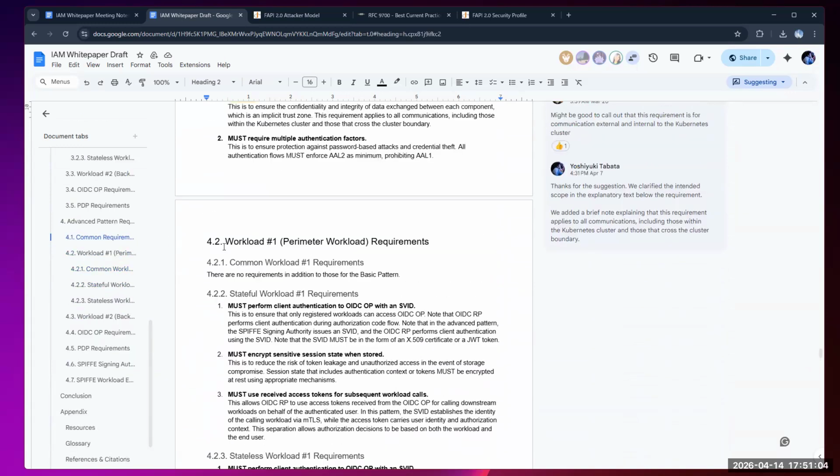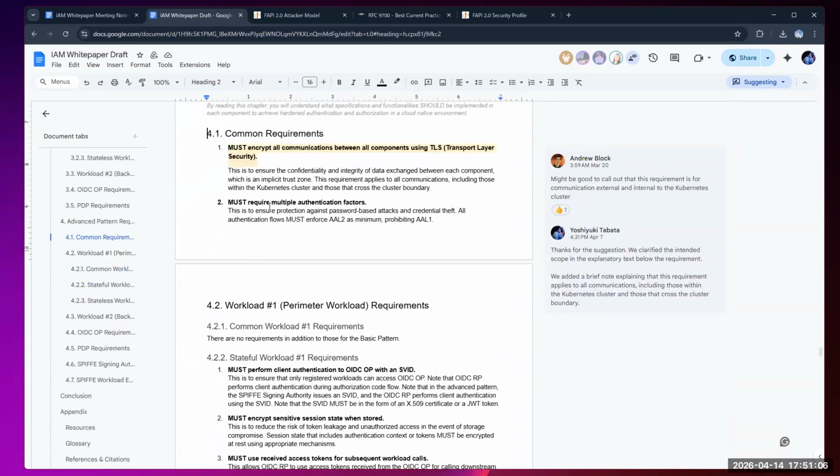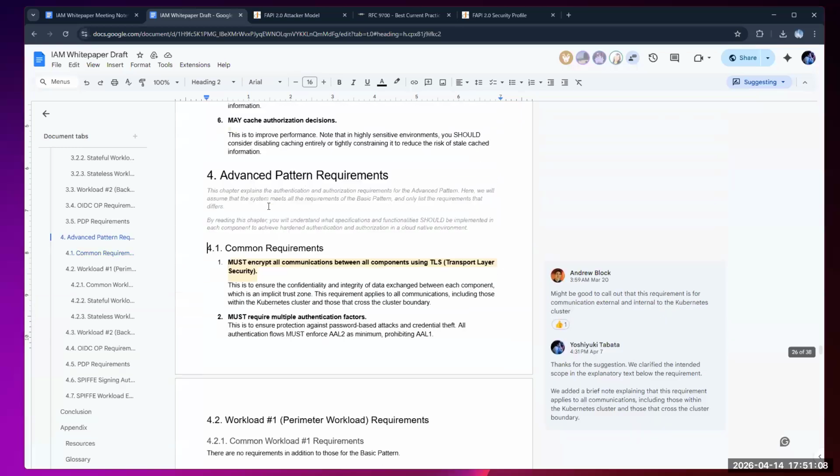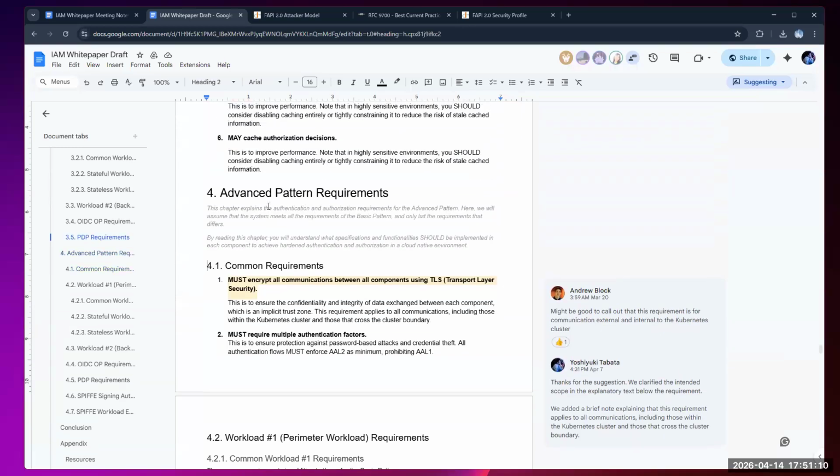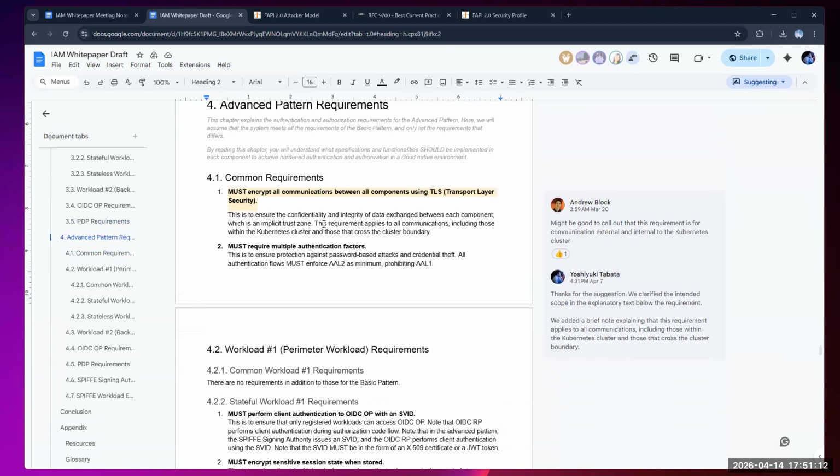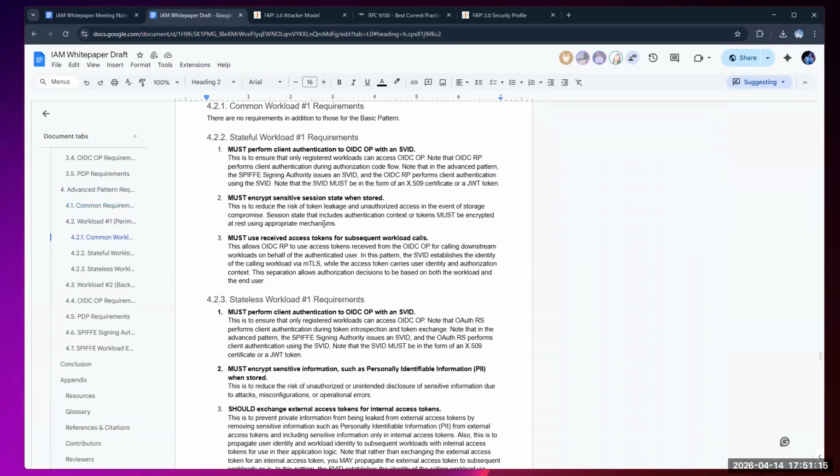"Must encrypt all communications" is already there.